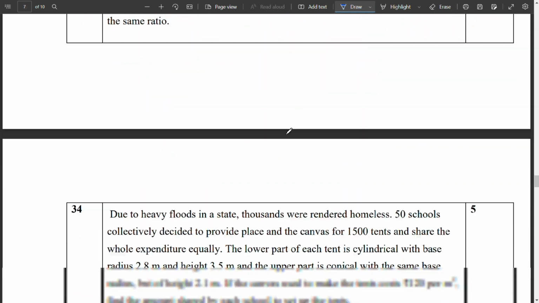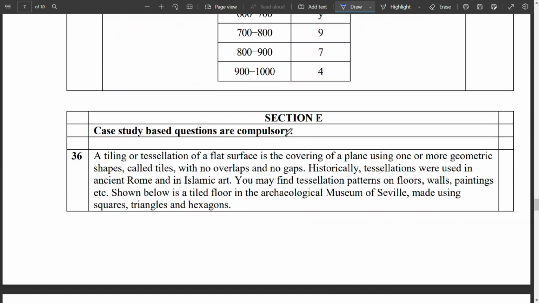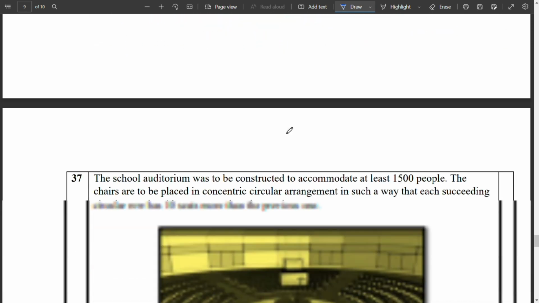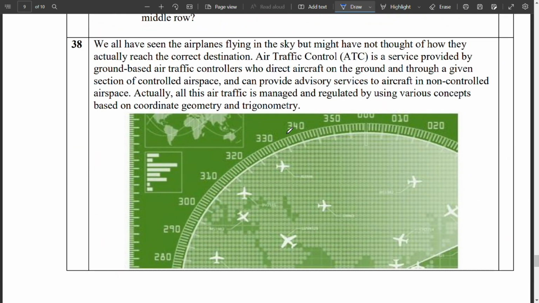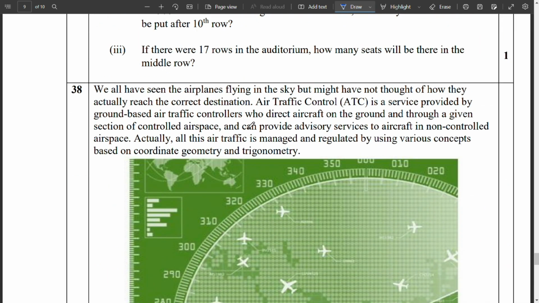So now moving on to the next question. The next question of trigonometry is question number 38. Now the question is, we all have seen airplanes flying in the sky, but might not have thought of how they actually reach the correct destination.